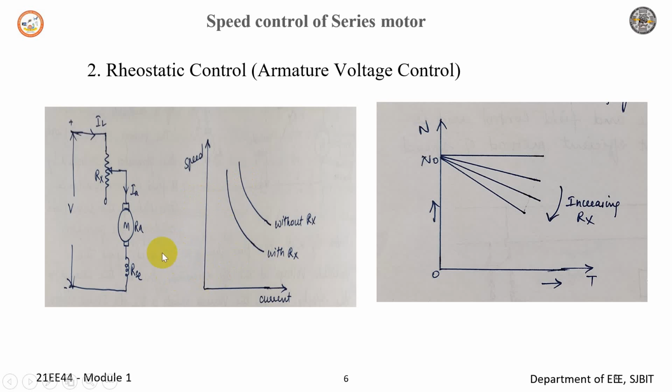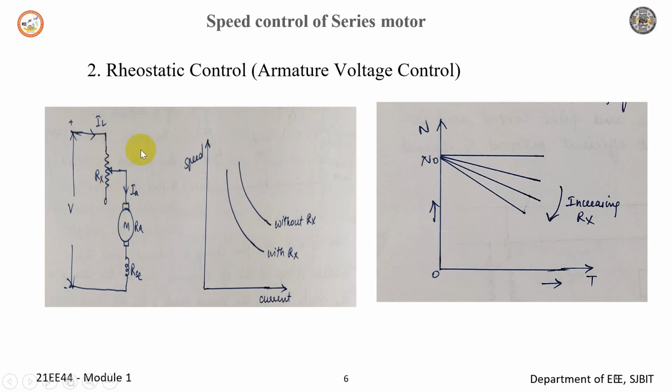As the resistance is inserted, a voltage drop Ia Rx occurs across the resistance. This reduces the voltage across the armature. As speed is directly proportional to the voltage across the armature, the speed reduces. Also the entire current passes through Rx, so there is large power loss because of this.